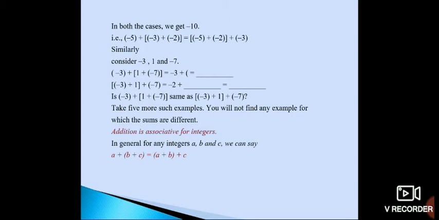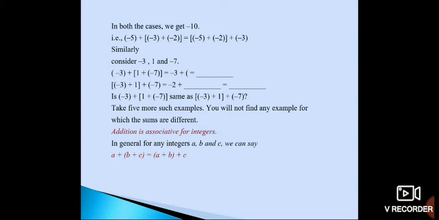Similarly, consider the next example, minus 3, 1 and minus 7. Minus 3 is taken separately, and 1 and minus 7 are grouped in the first example.